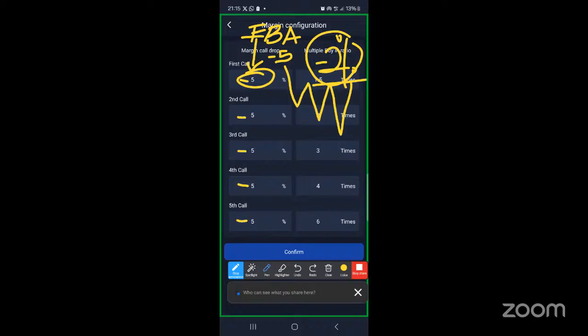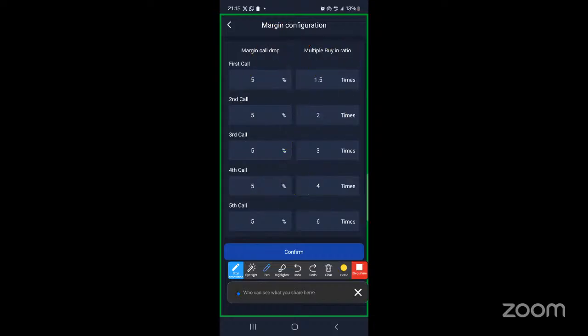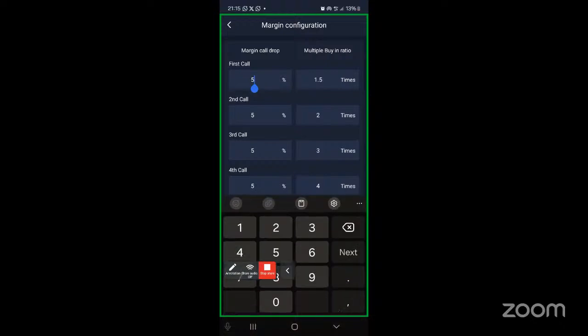Now, a wise trader would say, I expect 30% negative, but if my total orders I'm going to make are 6, my first 4 orders are going to be made within the first 5%. So what am I going to do? I will reduce this one. I can say 0.5.